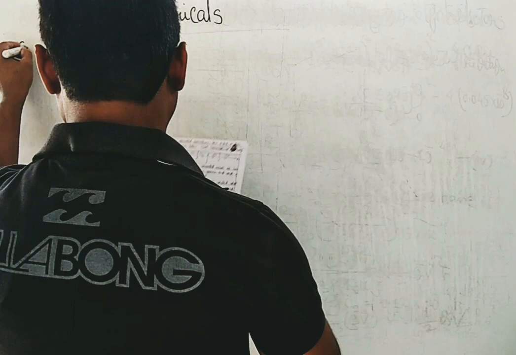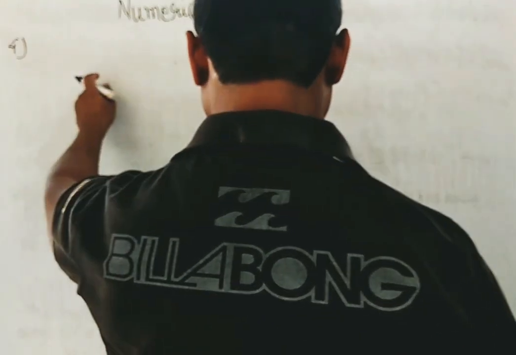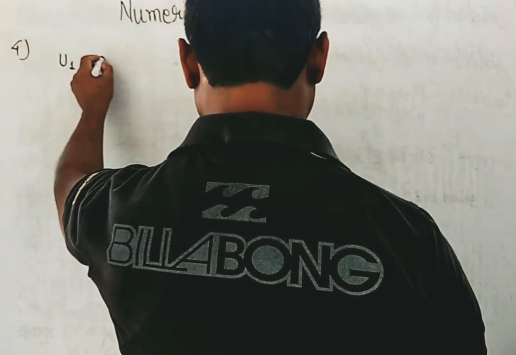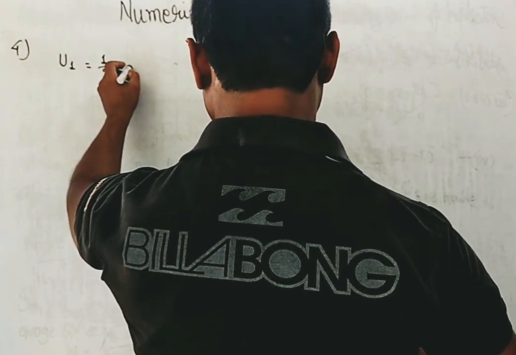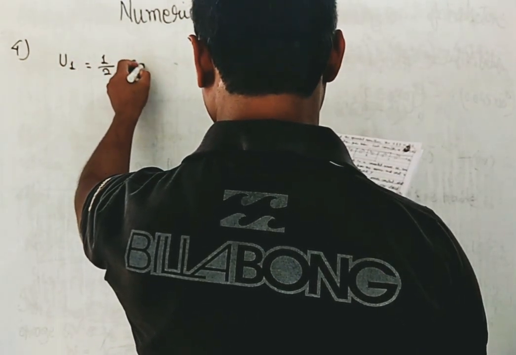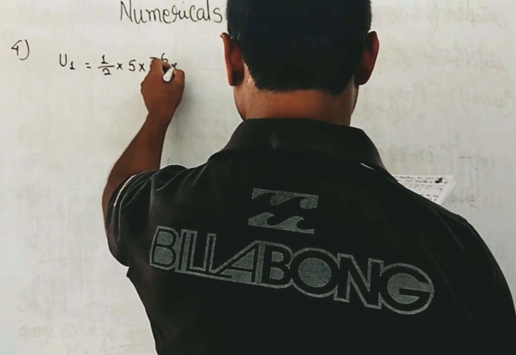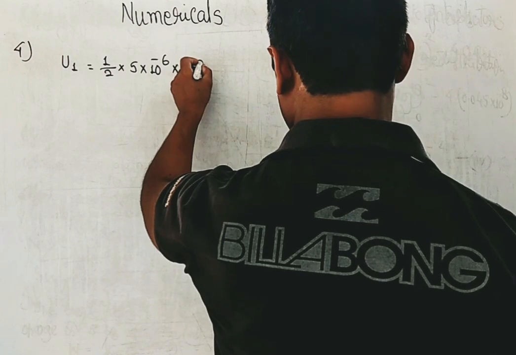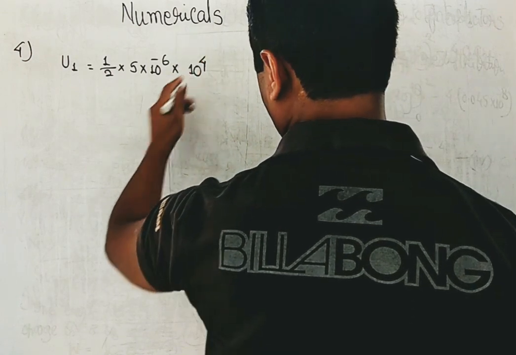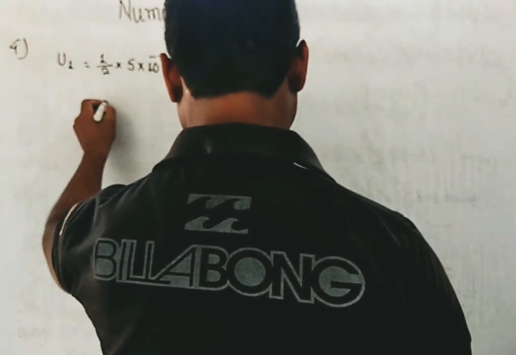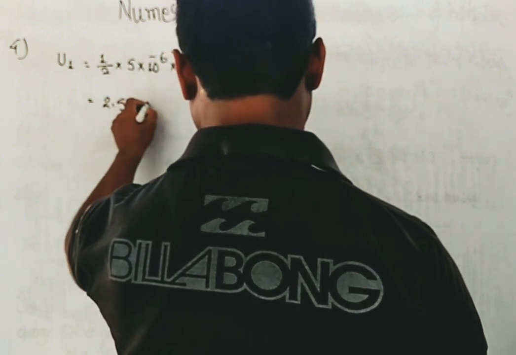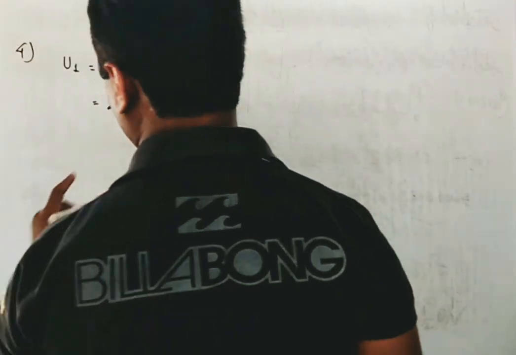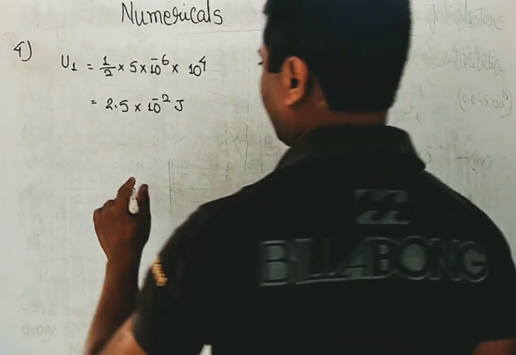Question number 4. We first calculate U1, it's half CV square, and C is 5 microfarad, 5 into 10 to the power minus 6, into V square, that means 100 square, so directly I am writing 10 to the power 4. So this will give us 2.5 into 10 to the power minus 2 joule. Now let's calculate the common potential value.